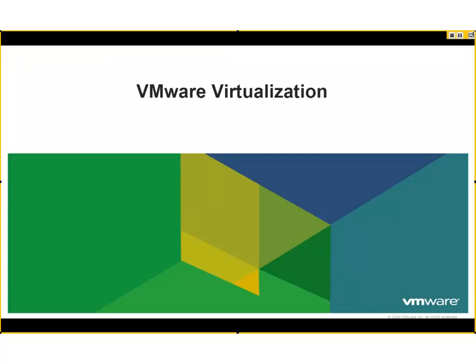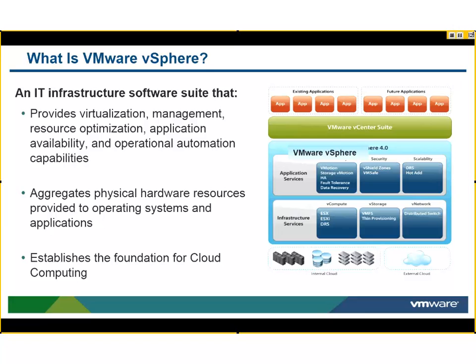Now, before we can talk about cloud, you need to understand the foundation that lets you build a cloud, which sort of sounds like an oxymoron in itself, but that's virtualization. And particularly at VMware, that's in the form of what we call vSphere. vSphere is a suite of software that lets you aggregate your hardware.